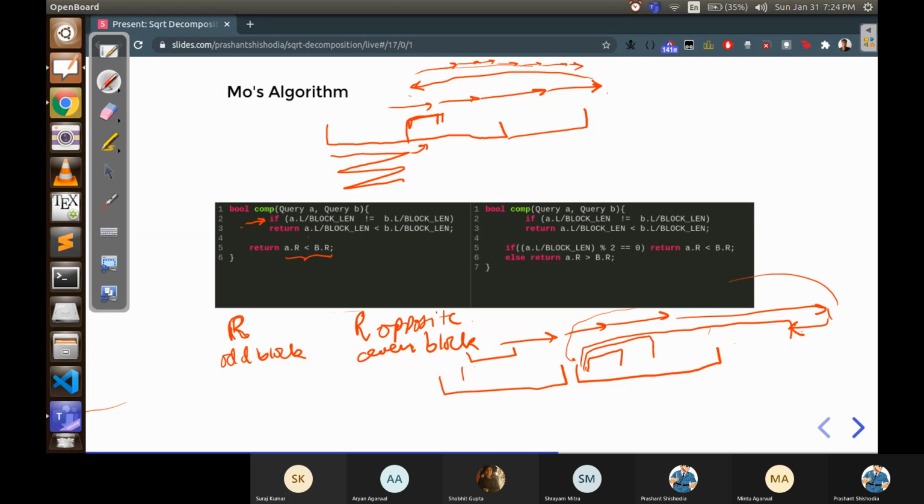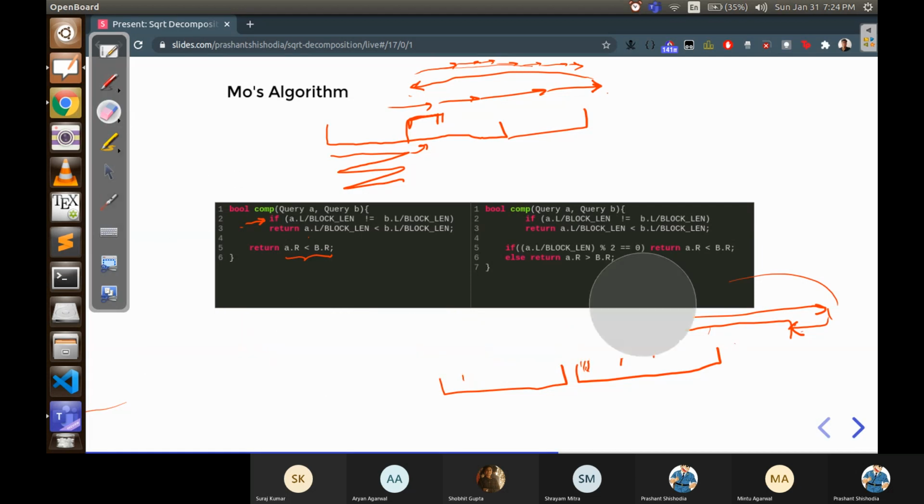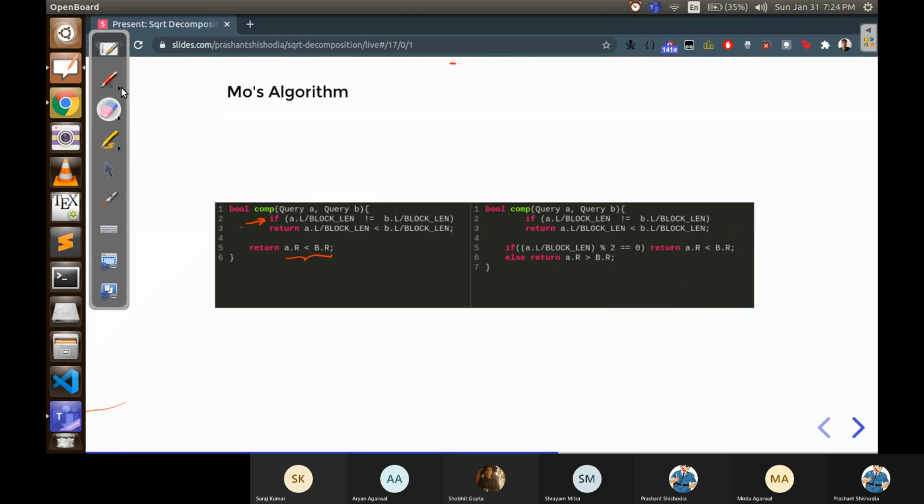So I can answer this query, then this query, then this query, then this query. So the time complexity is still the same, but you get a lighter overhead. So this part is faster than this. Although usually beginners use the first, the second is better.